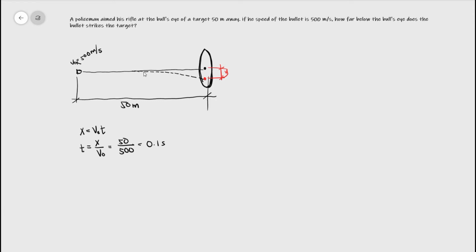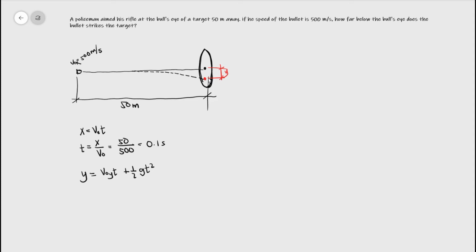Now, since the bullet is going downward at this point, we will be using the free falling body equation, which is y is equal to the velocity along the y-axis times the time plus 1/2 times the acceleration. The acceleration will be the acceleration due to gravity, and we will be using positive g because it is with the gravity g. Then we have t squared.